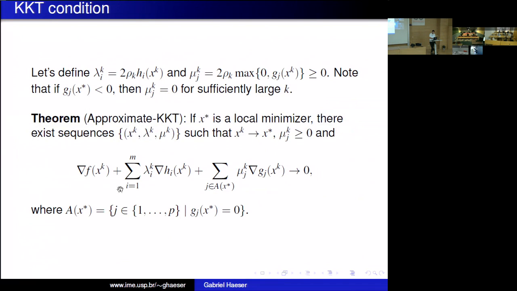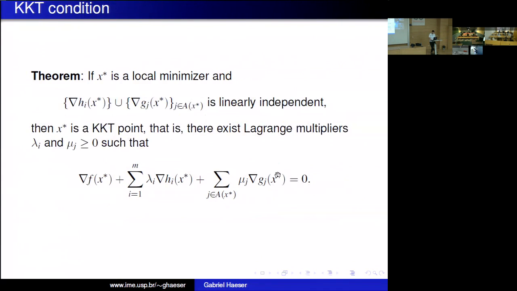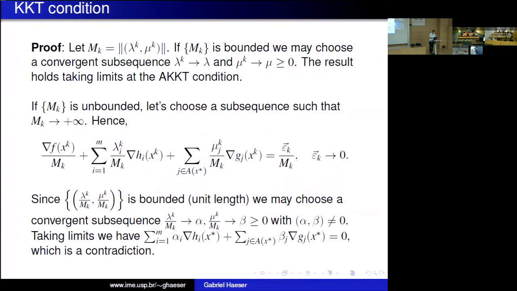So I will work with this limit here. There are these sequences, lambda k and mu k, and I want to take limits on this sequence. If this sequence of norms is bounded, we may choose a convergent subsequence, lambda k converges to some lambda, and mu k converges to some mu.